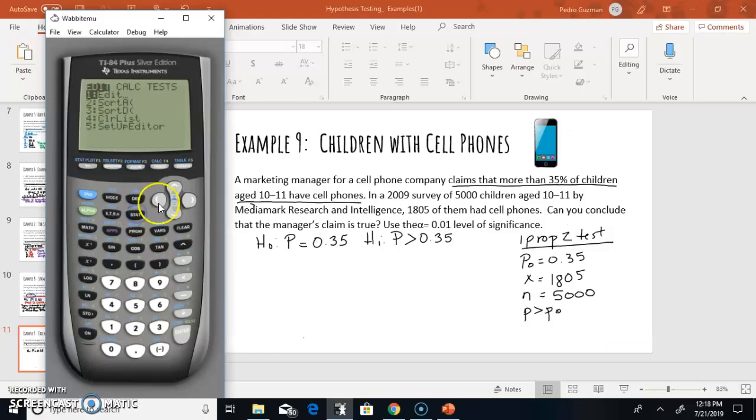Okay, I've pulled up our calculator, so we're going to hit stat. We're going to go to tests. And we're going to choose number 5, 1 prop z test. We're going to put in 0.35 for 35%. There was 1,805 children who had cell phones. There were 5,000 children surveyed.